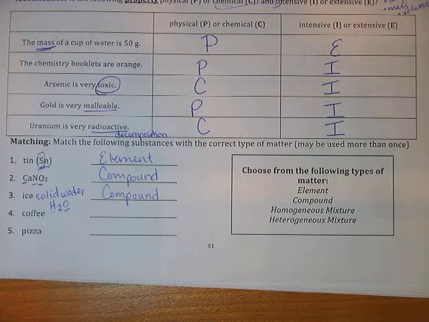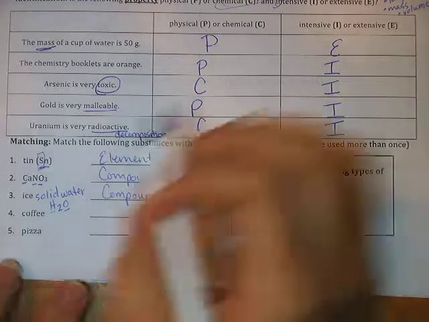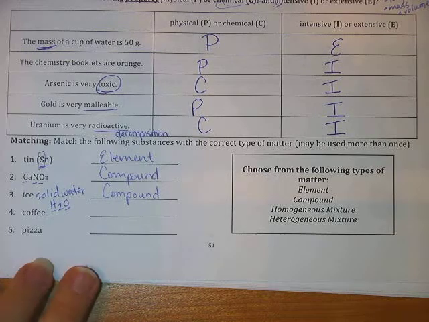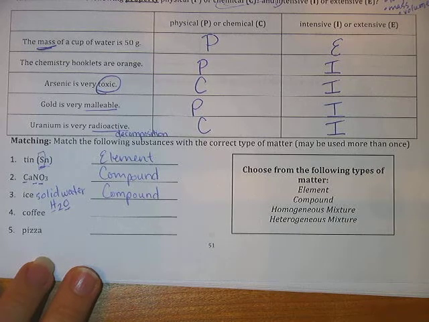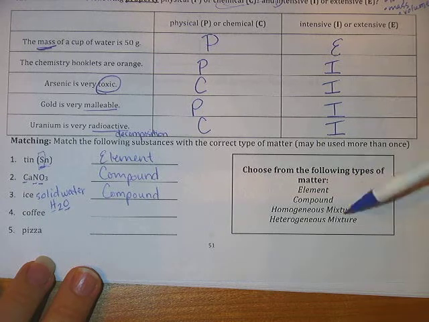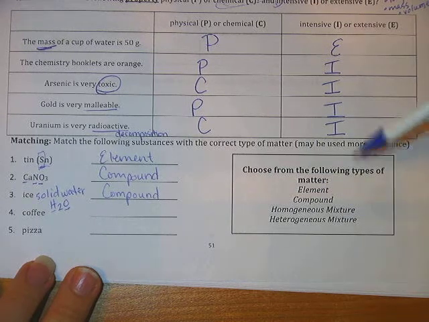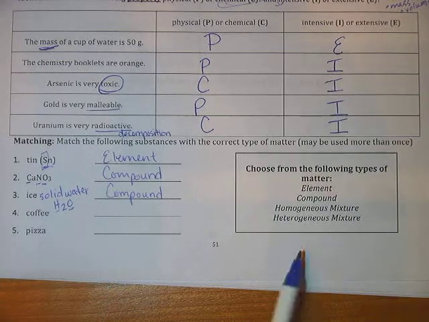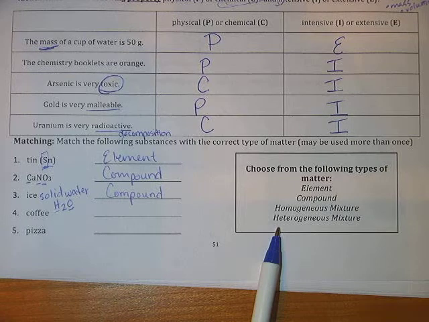Coffee starts as water, and then you dissolve into it some stuff that comes from coffee beans. And that already tells me it's some kind of mixture, because there's a compound water plus a bunch of other stuff. It can't be a pure substance. It must be some kind of mixture. Then you have to ask yourself, is it homogeneous or heterogeneous?